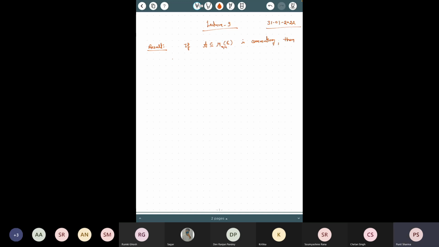So if we have a family of matrices which is commuting, then there exists a single unitary matrix, let's say U, of the same size over C, such that U star AU is upper triangular for each A in the family of matrices.